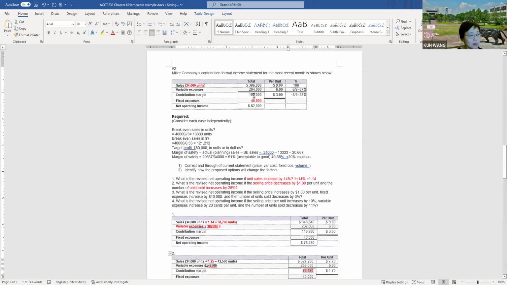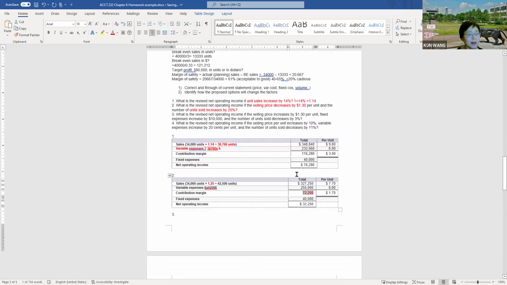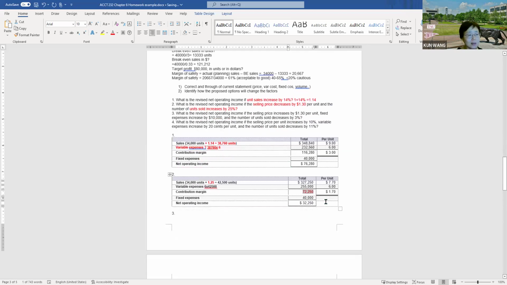It decreased by almost 3,000. Apparently, I don't think that's a good proposal to go with. But if you have no other choice, and have to lower the price to keep or slightly increase the volume, that's probably what you have to do. But this is going down, really unfavorable to the change.